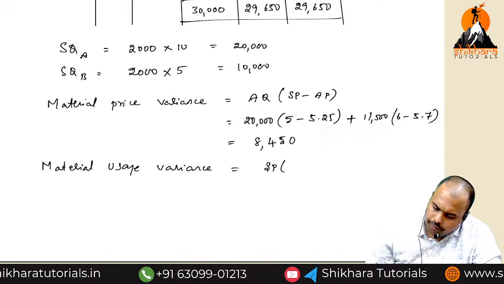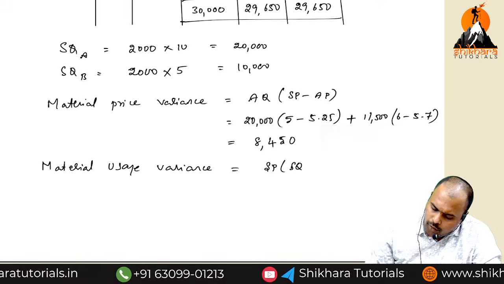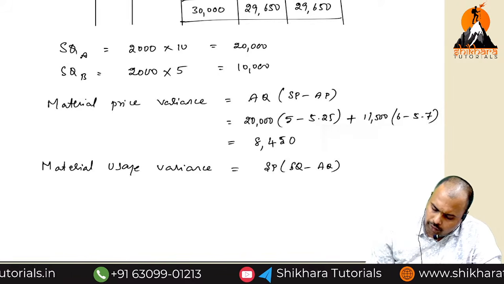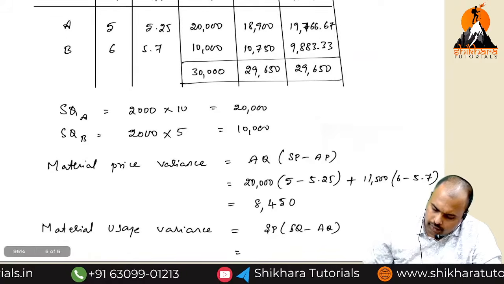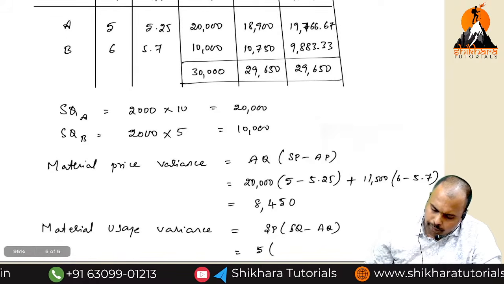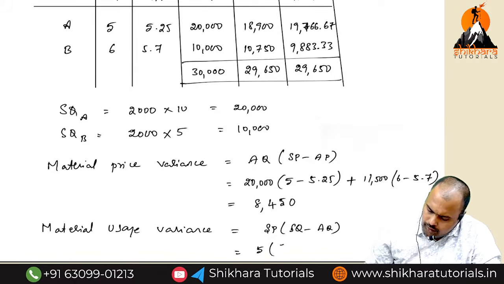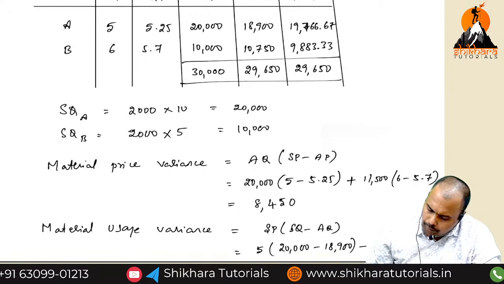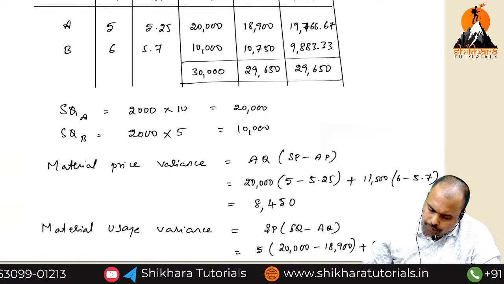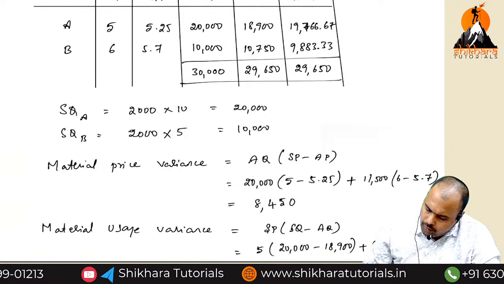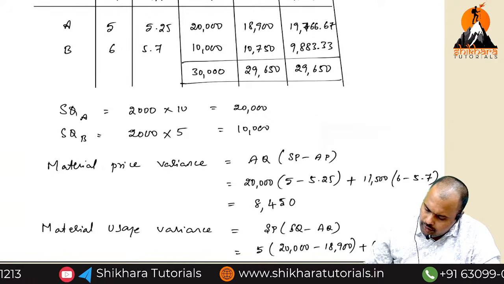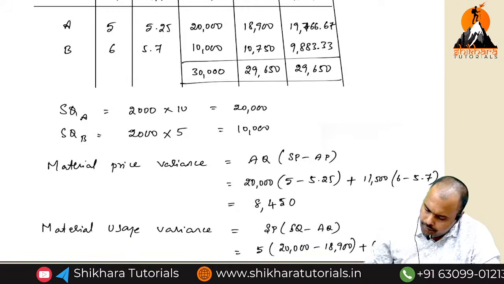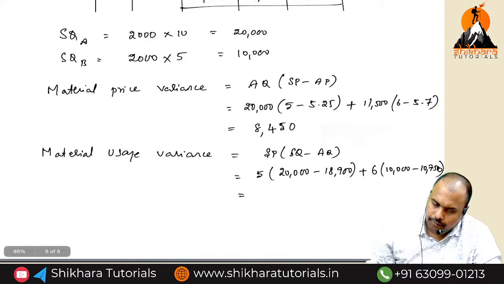Standard price into standard quantity minus actual quantity, which is equal to, for A, 5 into 20,000 minus 18,900 plus 6 into 10,000 minus 10,750. How much it will be?